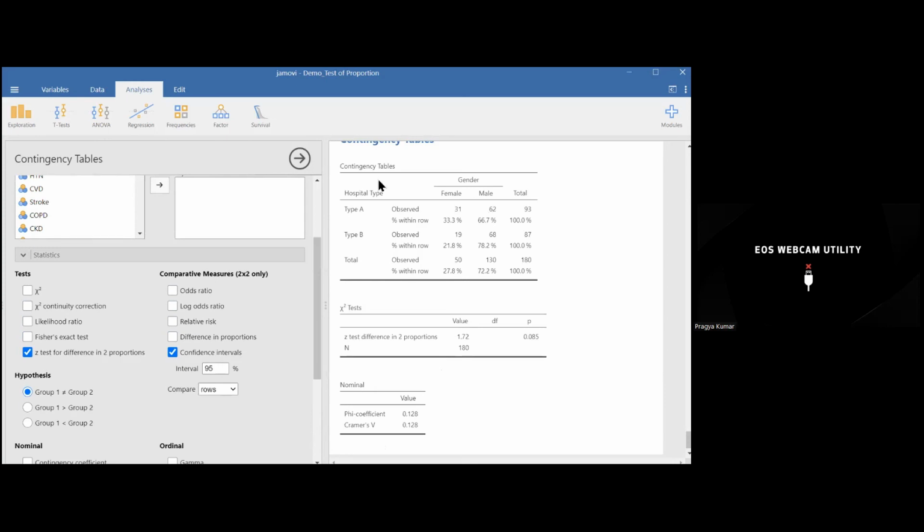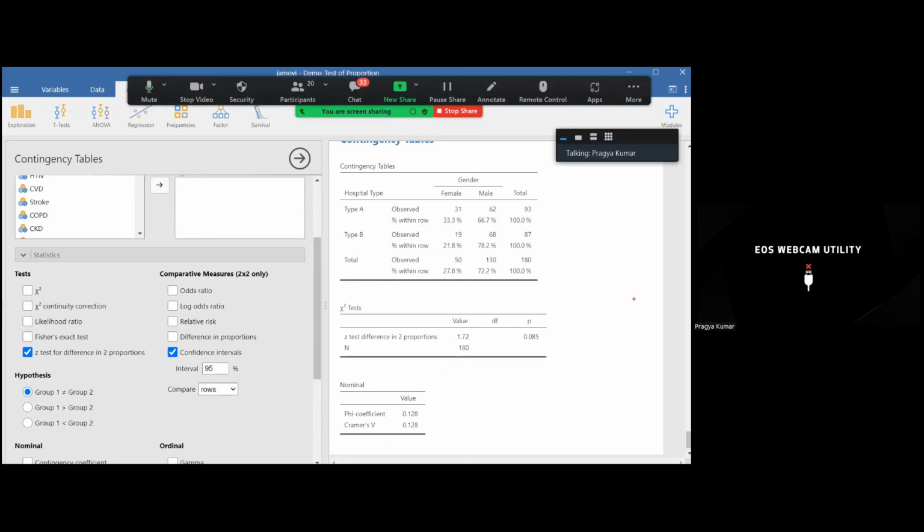In type A hospital, 67% are male and 33% are female, whereas in type B, 78% are male and 21% are female. So you can say that there were more male patients in type B hospital and more female patients in type A hospital. And this was not significant.